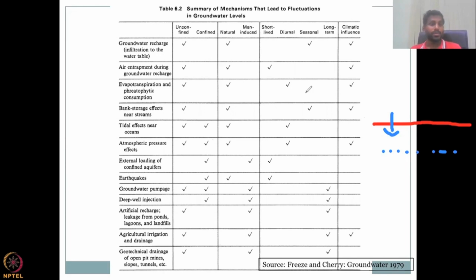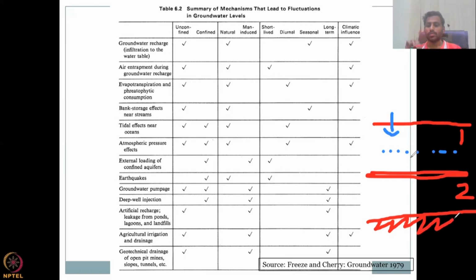Why? Because let me also draw the unconfined and confined aquifer. So this is the second layer, which has a thick impervious surface, and this is your 1 and 2. Okay. And this is your bottom layer, bedrock. Great.